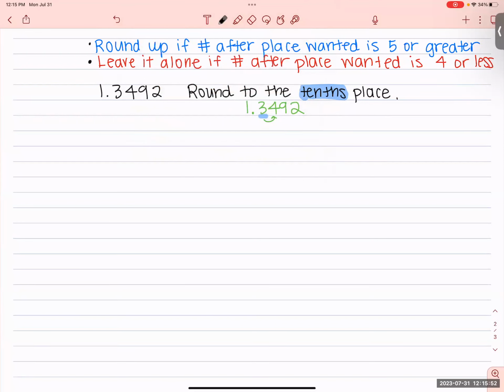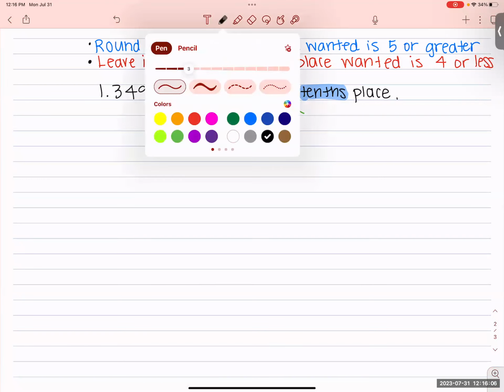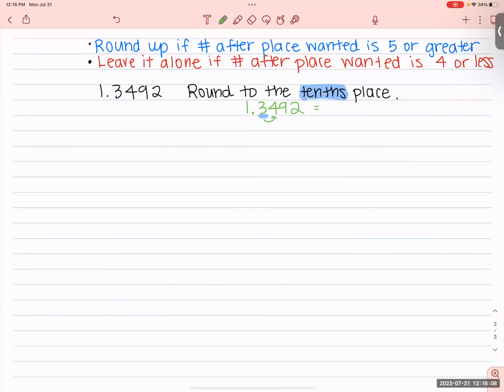We're not going to round it down. I think we use that language sometimes, rounding down to decrease the number, but what I mean is you're just going to keep it the same. So our answer here will be 1.3.